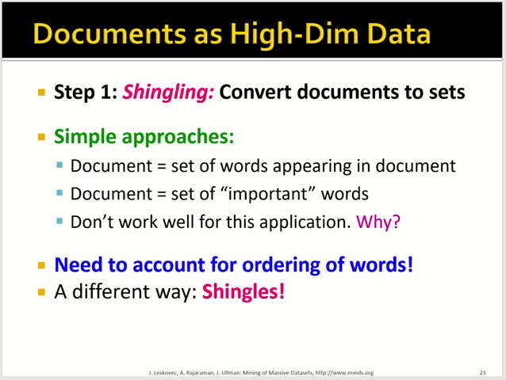If we do so, then documents that share pieces as short as sentences or phrases will have many common elements in their sets, even if those sentences or phrases appear in different orders in the two documents.